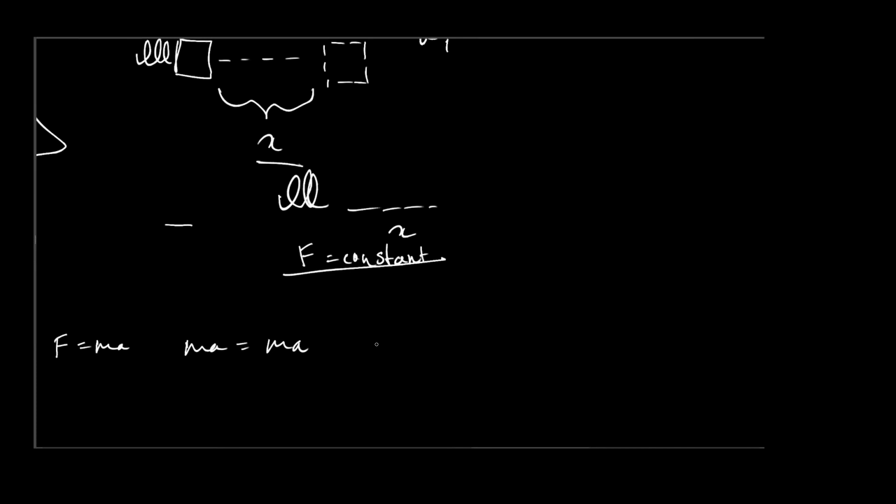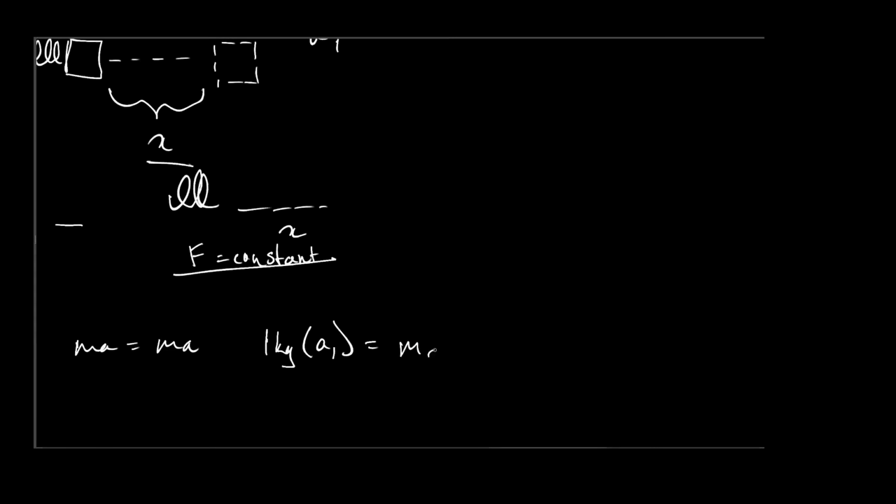Then put into our context, 1 kilogram times A1 will be equal to the mass of the other thing, M2, times A2, and then you can solve for M2. This is amazing. You end up with M2 equals 1 kilogram times A1 over A2. See? Now we have an actual definition for mass in kilograms, or quote-unquote kilograms. It's our made-up kilograms.